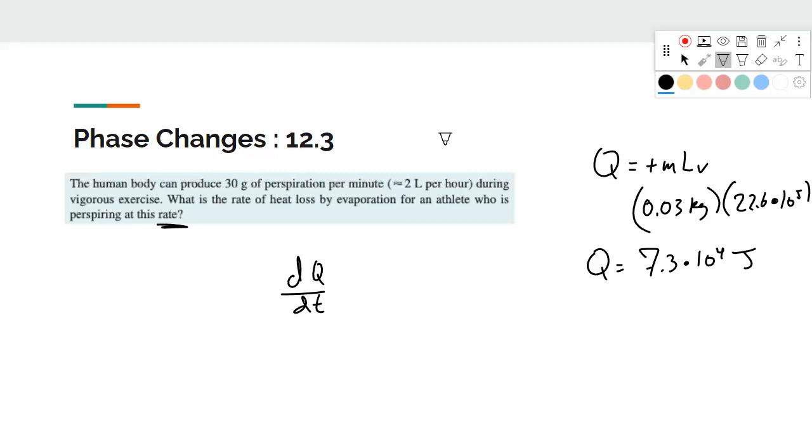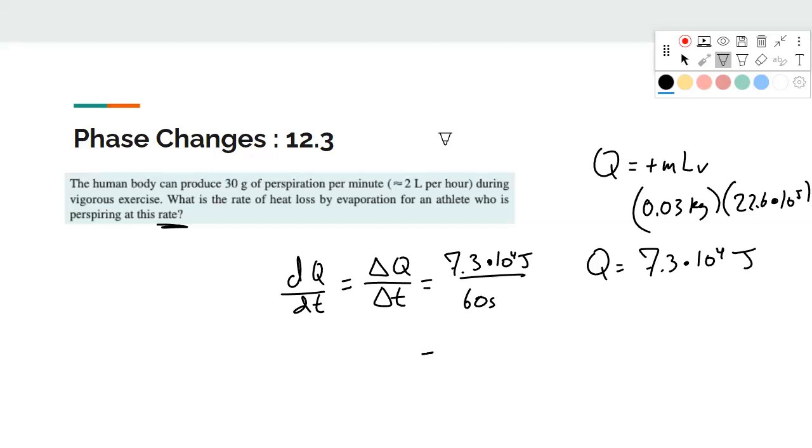You won't be expected to take derivatives in the class, but it's good to occasionally see the notation since it's so common even in our textbook. So we can just think of this as a change in heat over a change in time. And so we had 7.3 times 10^4 joules every 60 seconds, right? That was how much 30 grams per minute of evaporative cooling was.